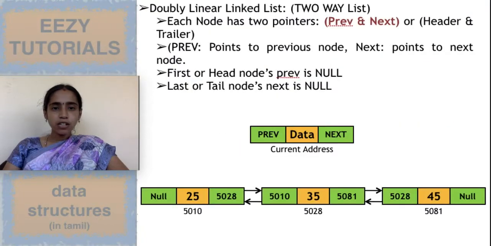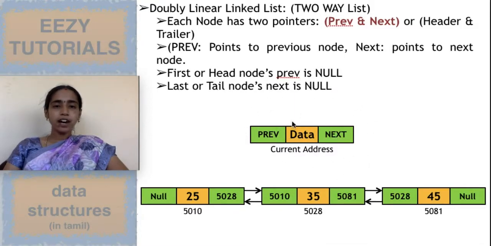Then the third one is the doubly linear linked list. In a doubly linked list, the node itself will be somewhat different. You will be having three components: data, next, and previous. Next will point to the next node and previous will point to the previous node. Telling it another way, next will be having the address of the next element, previous will be having the address of the previous element.